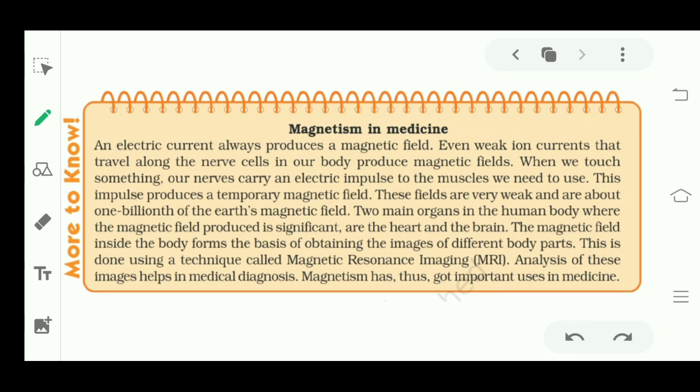This is done using the technique magnetic resonance imaging, MRI. Analysis of these images helps in medical diagnosis, to find what problem we have in our brain or in our heart or in any other body part. Magnetism has thus got important uses in medicine.